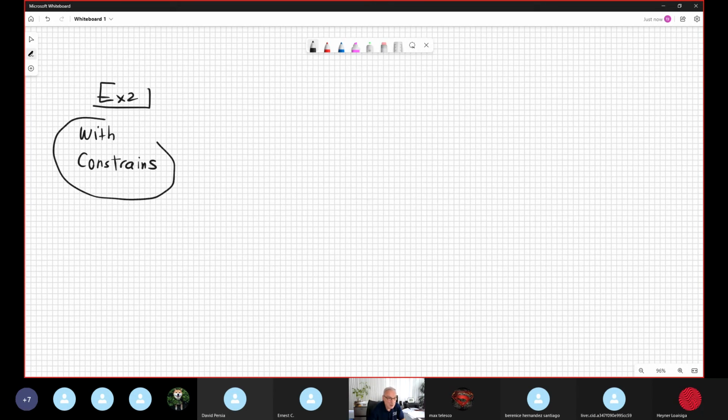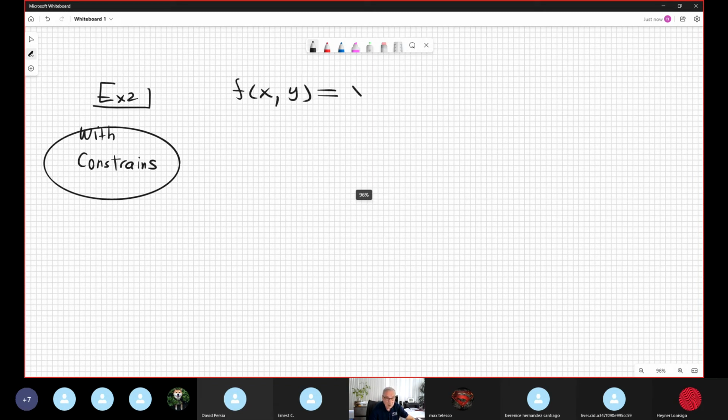Now I have the function given, similar to the problem without constraints. But the constraint is given now. The constraint is x in between 0 and 5.